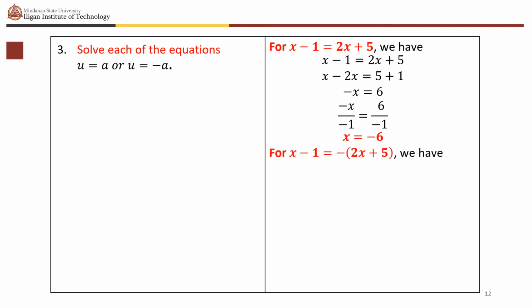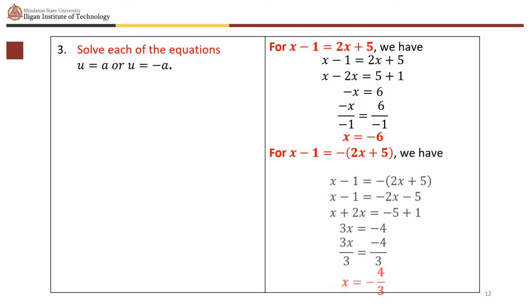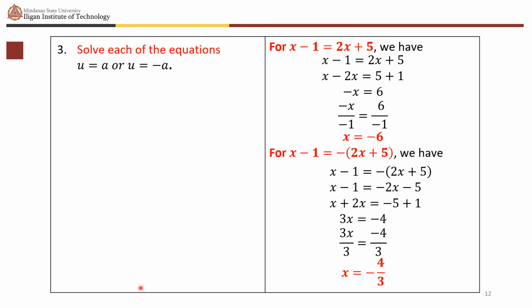For x minus 1 equals the negative of the quantity 2x plus 5, we have the following. That is, x minus 1 equals the negative of the quantity 2x plus 5. We can distribute the negative sign here and come up with minus 2x minus 5.